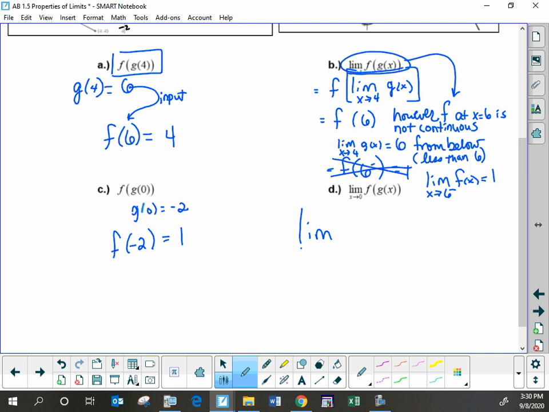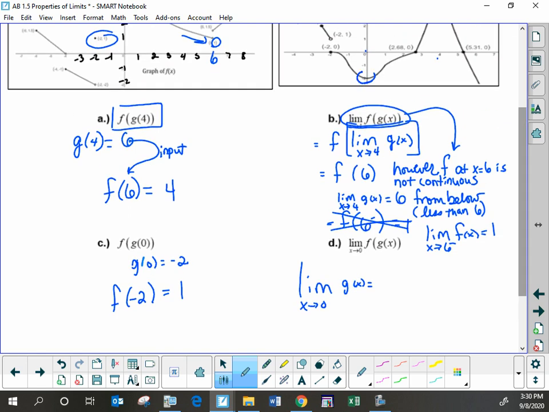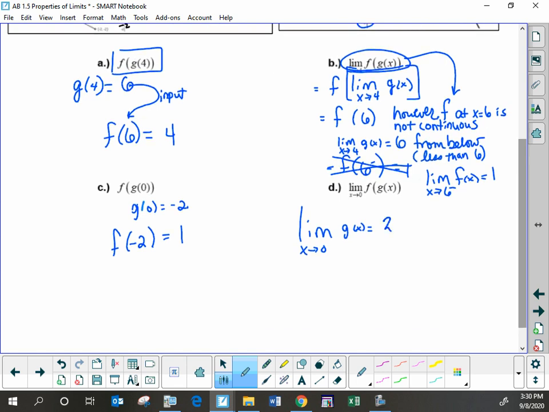So the limit as x approaches 0 of g of x turned out to be, what was it? 2. And it's coming in from above, right? I'm sorry, it's -2 from above. So that would be like -1.9-ish. Sometimes it helps to put a little value on that. Now I know that f of x is discontinuous at x equals -2.